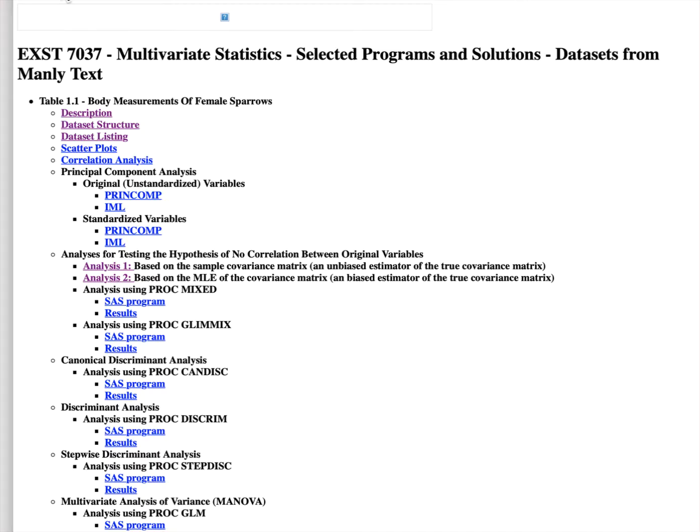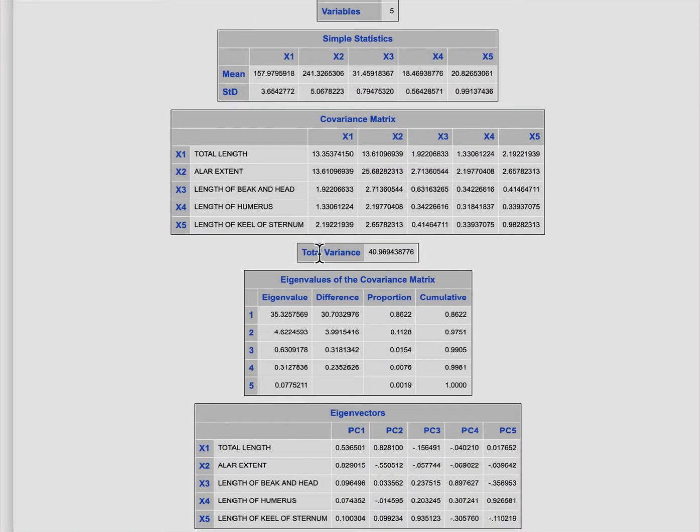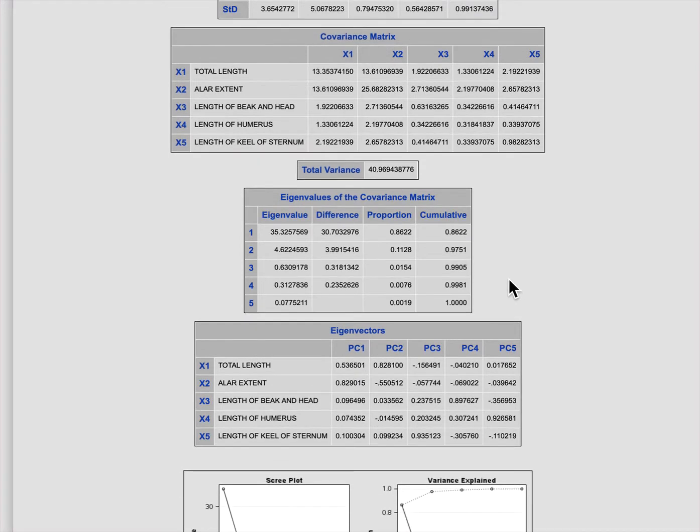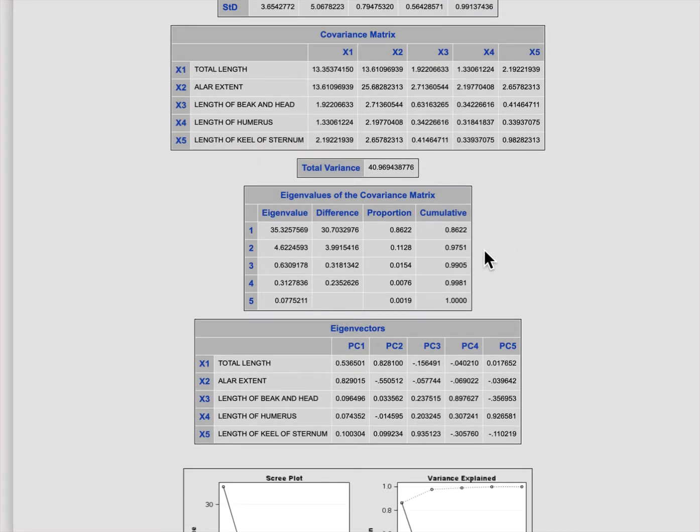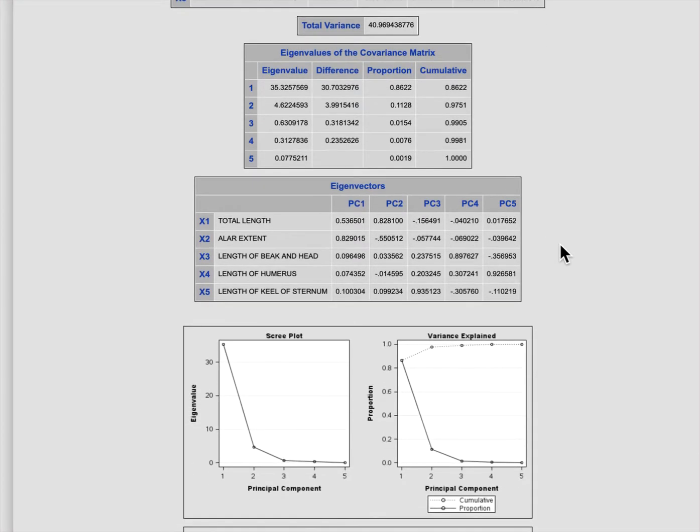And you'll remember that that's what we looked at in the context of principal component analysis, and we determined that we could get by with using 1 or at most 2 of the principal components because the first principal component accounts for 86.22% of the total variability in the original variables.